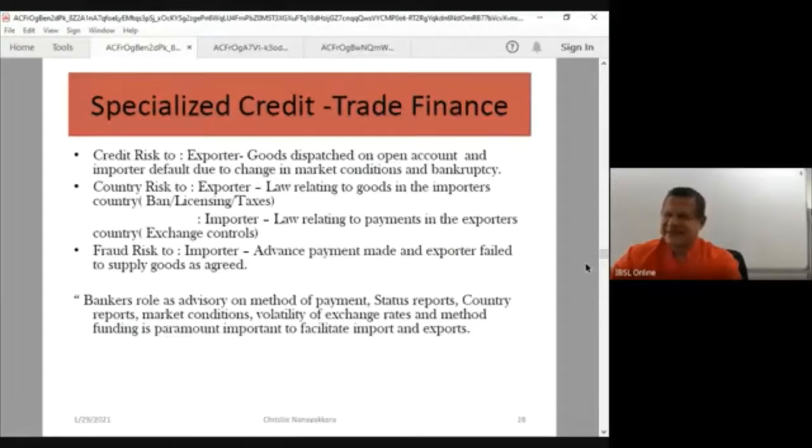Commissions, exchange income, different letter of credit opening charges, extension charges, all that will be coupled in this particular type of credit. And this type you need to understand as a specialized credit area.